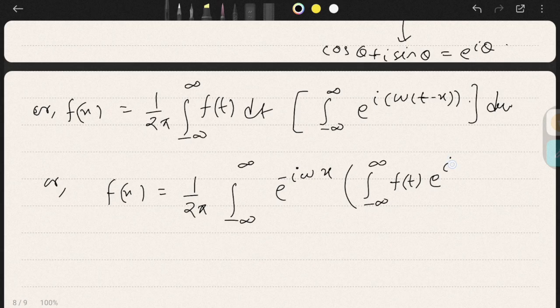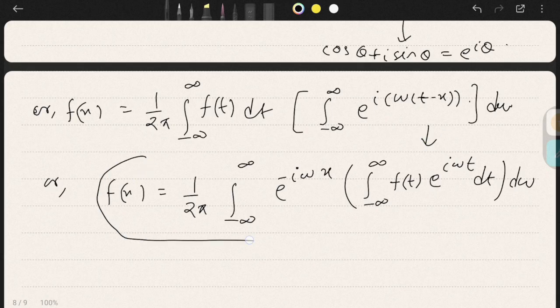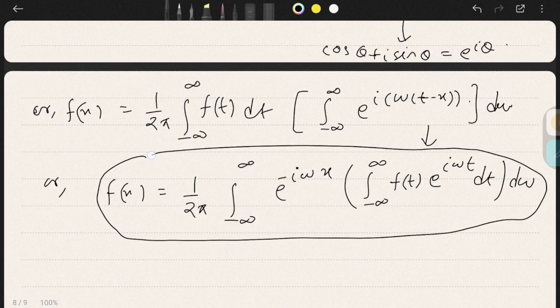Just follow now, we'll discuss it further. It's all the same thing. So this expression here is the Fourier complex integral.